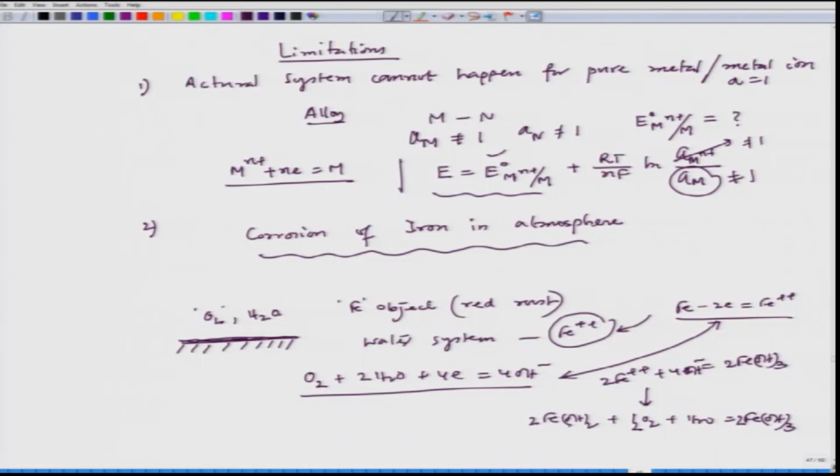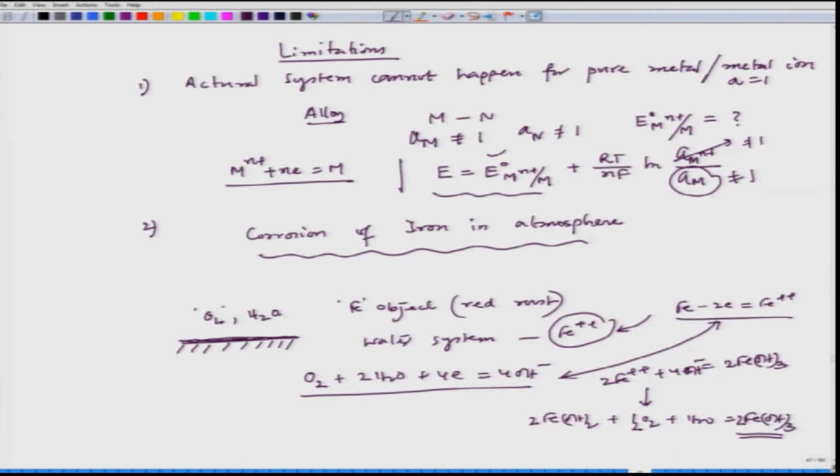Yes, this is balanced. So, we have this ferric hydroxide, which is nothing but the red rust. Then we have formation of the corrosion product and the corrosion of iron.